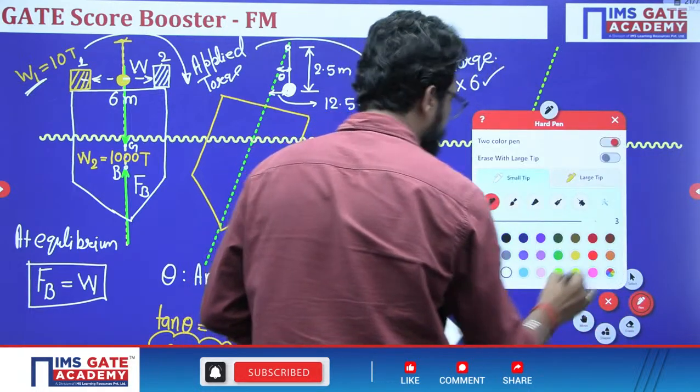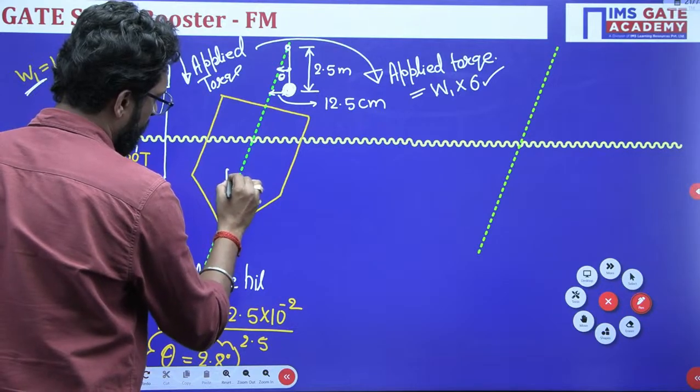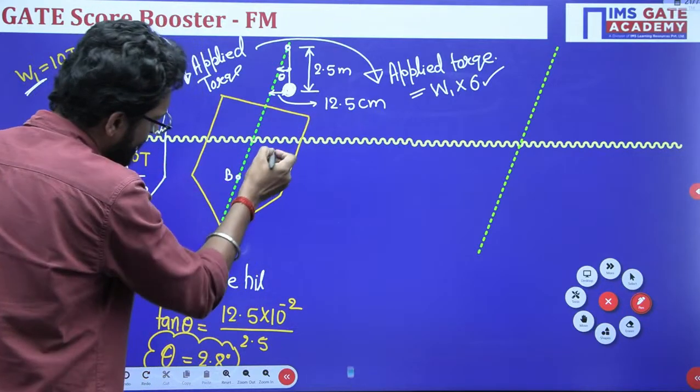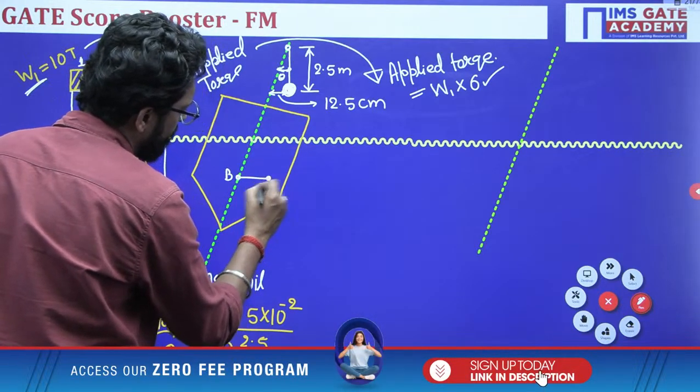Initially this is your B. Now, the larger volume will emerge inside, so the center of buoyancy will shift.